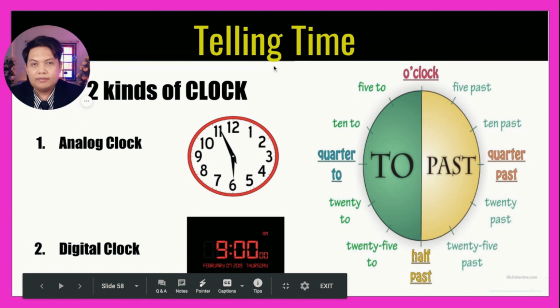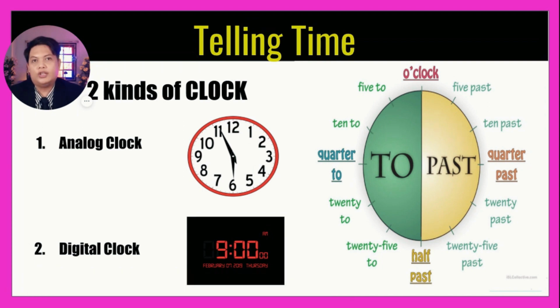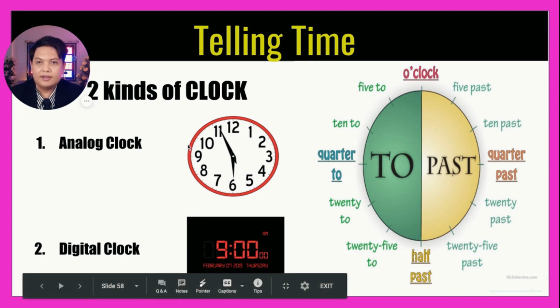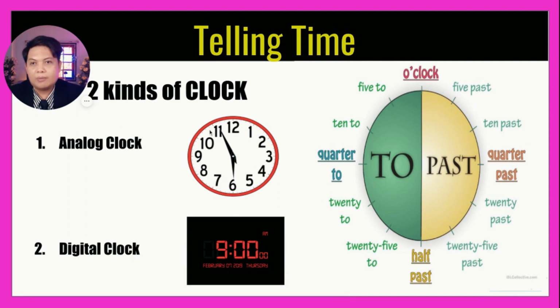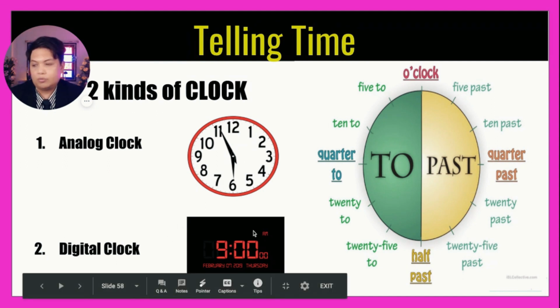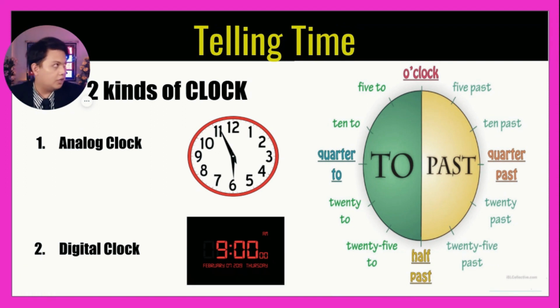Let's move on. Let's review your knowledge about telling time. Before we jump into it, let's first talk about the two kinds of clock. We have the analog clock, this one right here, or the traditional clock, and the digital clock, what we have on our phones and also in other devices.